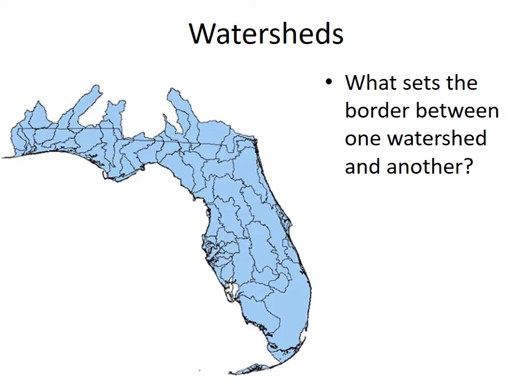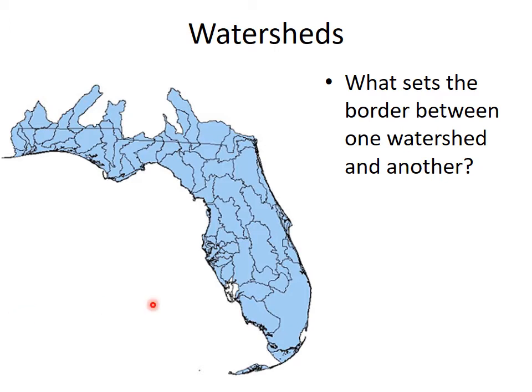So this map shows watersheds of Florida, and watersheds don't always obey state lines, and that's why some of the watersheds of Florida are overlapping into other states. The question I have here is, what sets the border between one watershed and another? You can see, I'll try to highlight one of the watersheds here.